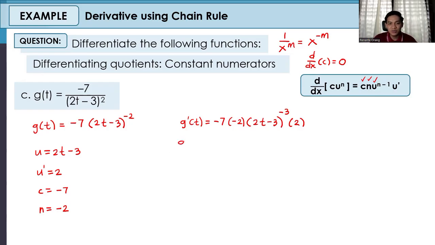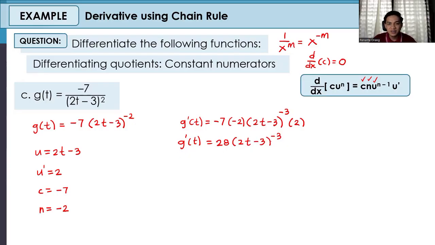All we need to do is to simplify this one. So lagay natin, -7 multiplied by -2 is +14. Multiplied by +2 is +28. Multiplied by 2t minus 3 raised to -3. So in our final answer, dapat walang negative na exponents.